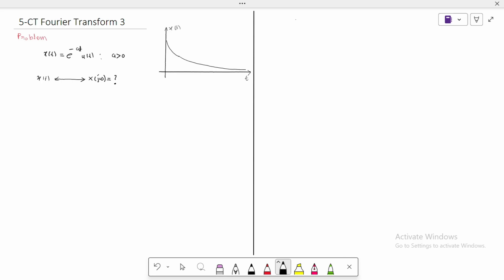The formula is x of j omega equals the integral of x of t into e power minus j omega t into dt, from minus infinity to plus infinity.